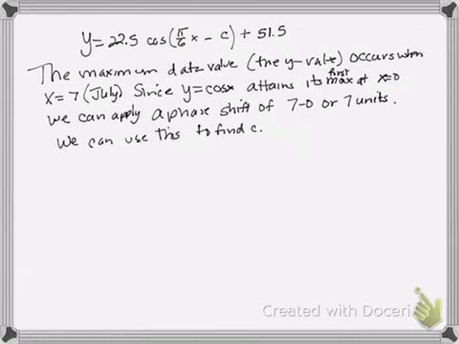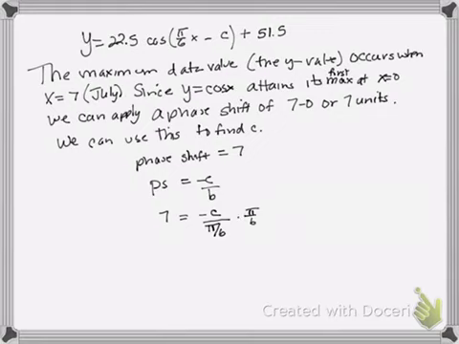All right, so my phase shift is equal to 7, and the equation for the phase shift is negative c over b. So we're going to say 7 is equal to negative c over pi over 6, which is the b part. Absolute value of that is just pi over 6. To get rid of the pi over 6, we multiply both sides by pi over 6.